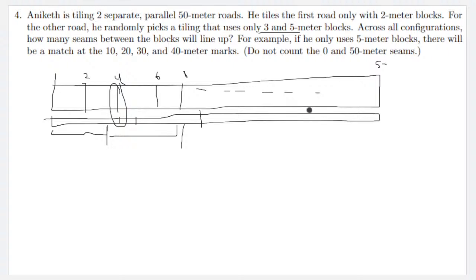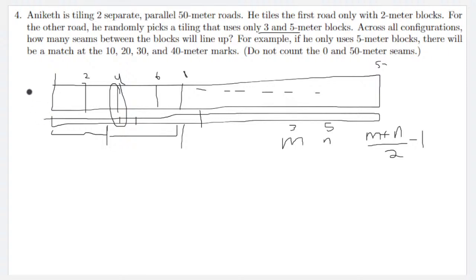And odd, even, odd, even. So that means that if you have a tiling with m 3-meter blocks and n 5-meter blocks, the total number of seams that will line up is in reality (m plus n) over 2, minus 1, because we don't want to count the edges.